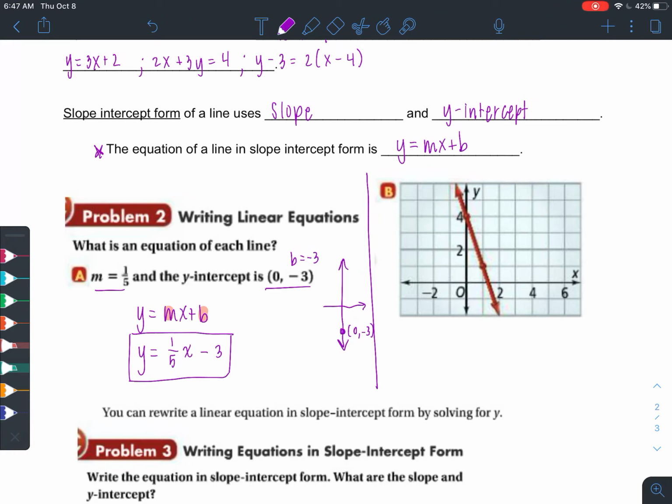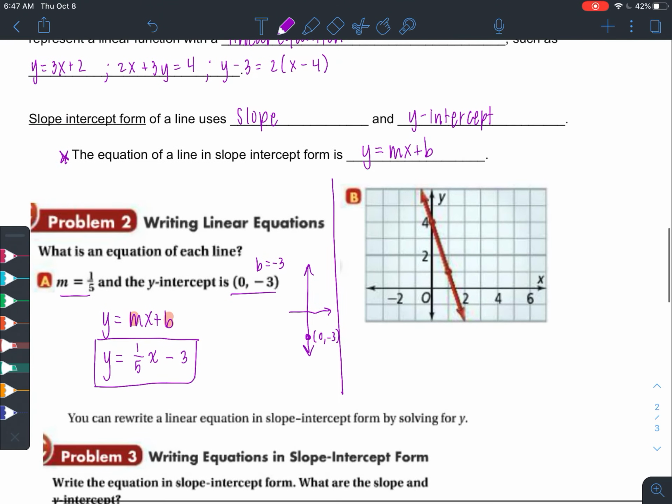All right, easy enough. For this next one here, we have to do a little bit more interpretation. So we need to find m and we need to find b ourselves from the graph. So my m is my slope, so I need to do my rise and my run. So starting from the left, going to the right, I'm going to go down 3 and then left 1. Or I'm sorry, right 1.